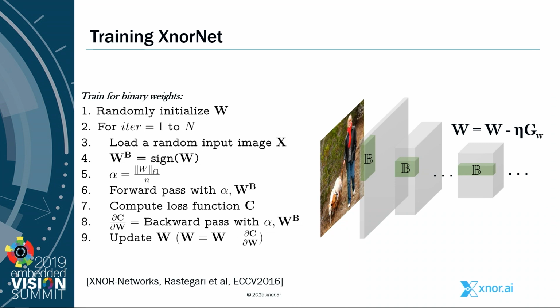The trick here is that during the optimization, we always keep the real values, but during the forward pass, we use the binary quantized ones, and then we calculate the gradient with respect to the binary values. But when we want to update the parameters, we update the real value parameters. In this way, we find a set of real values that, if binarized, are suitable for our end task, which in this case is classification.